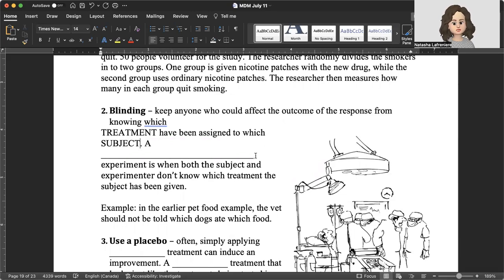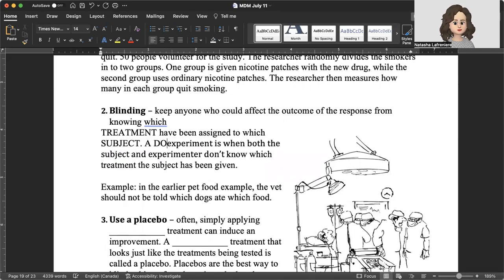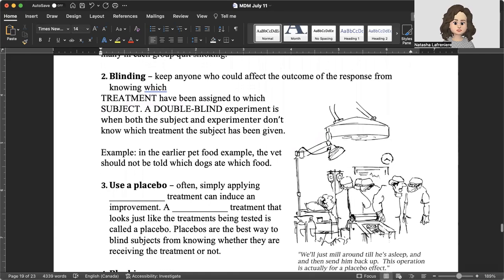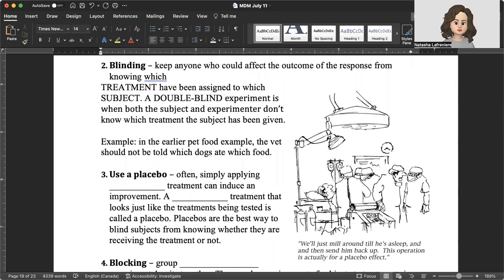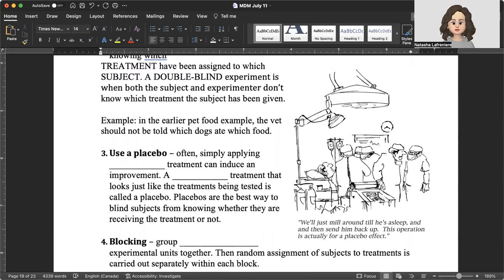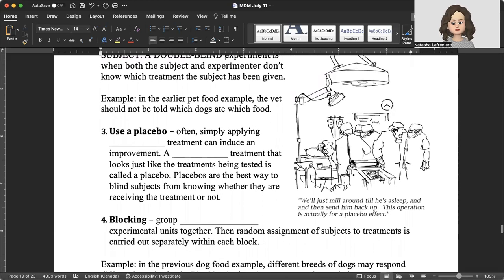A double-blind experiment is when both the subject and the experimenter don't know which treatment the subject has been given. So for example, in the earlier pet food example, the vet should not be told which dogs ate which food.